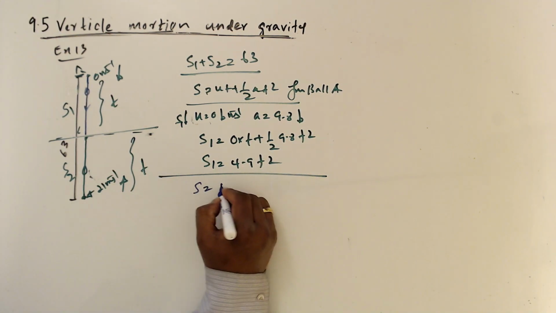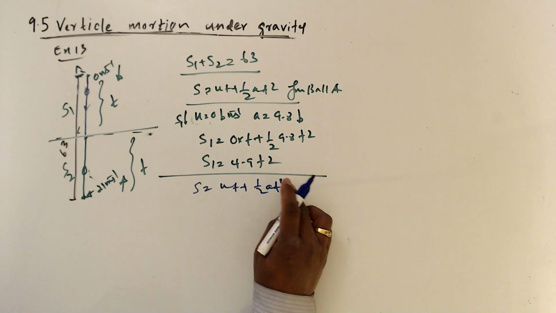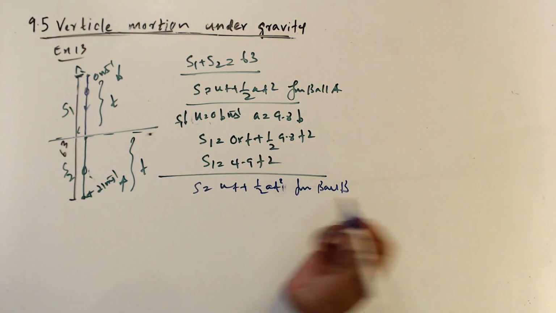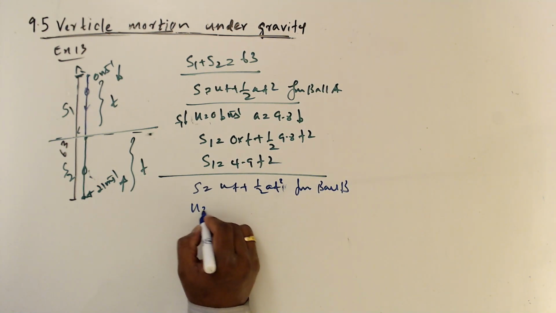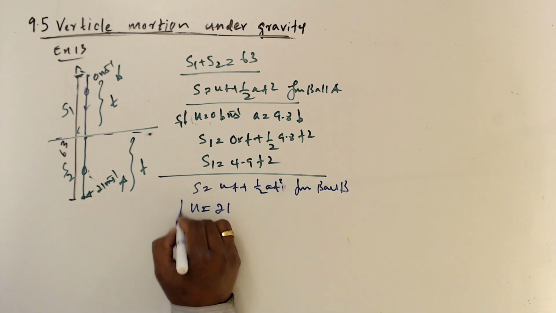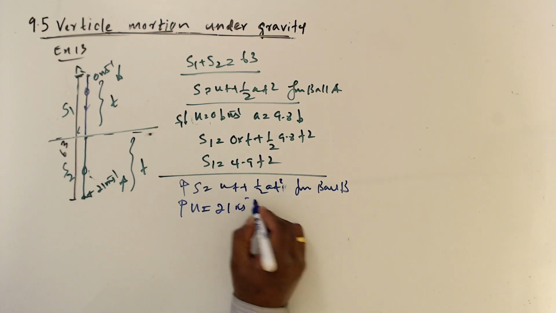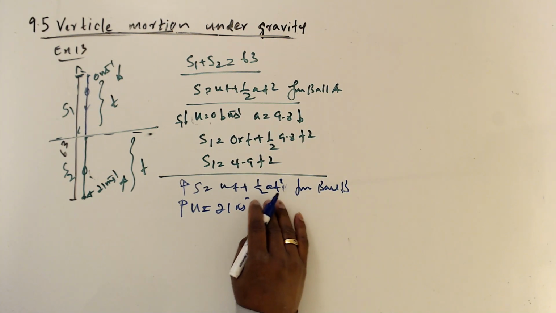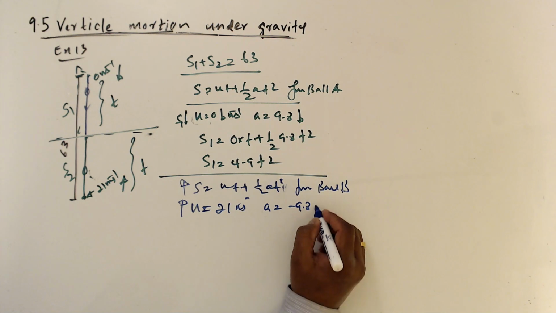So s equals ut plus half at square for ball B. We'll take upward as positive. U is 21 in this direction, and S2 as it is. What else do we need? A is minus 9.8.